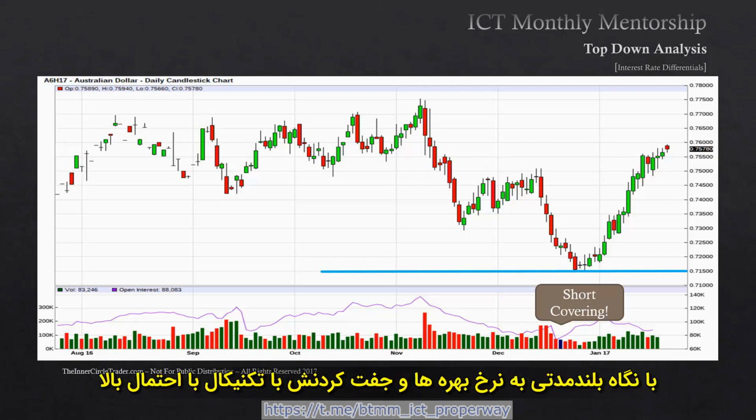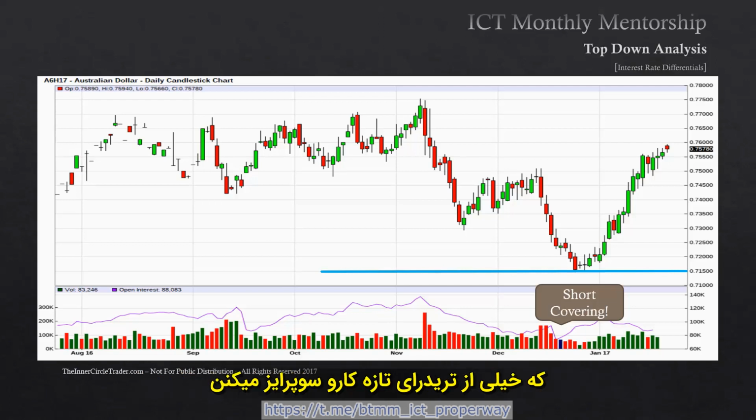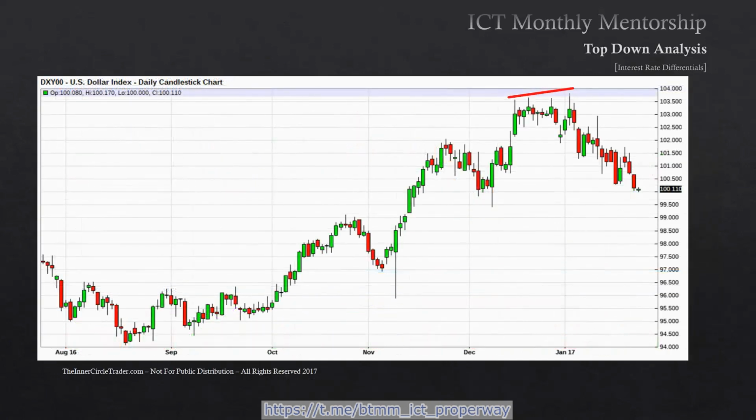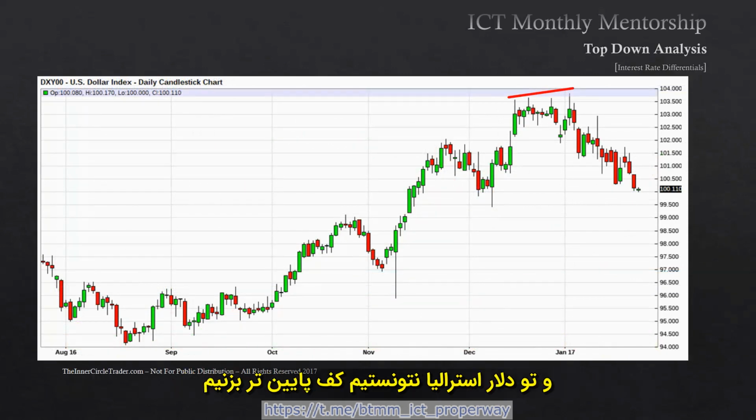By looking at these higher time frame interest rate yield scenarios, coupling it with high odds probability technicals, you get yourself in sync with the most significant price moves that are going to most likely surprise many of the neophyte traders. You can see also that we had a higher high in the dollar index when we failed to make a lower low in the Australian dollar.